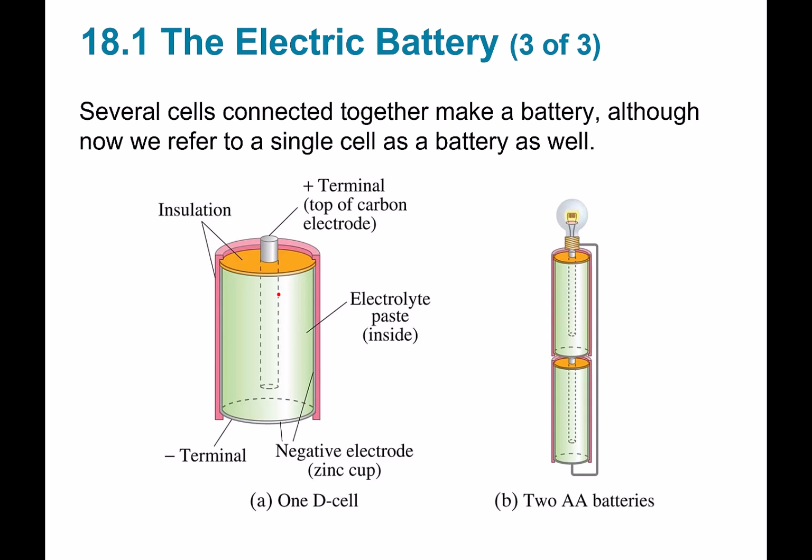In our picture over here, it shows that we have a D cell, and one of the cells, when it is combined with another cell, we have two AA batteries over here. So we use these kinds of combinations in our battery, so that if we connect a bulb to it, it has many uses.